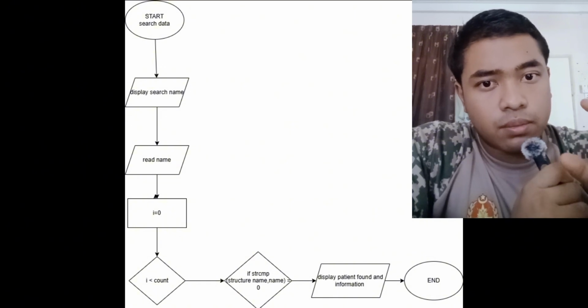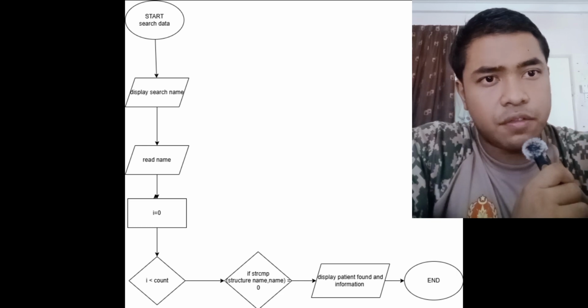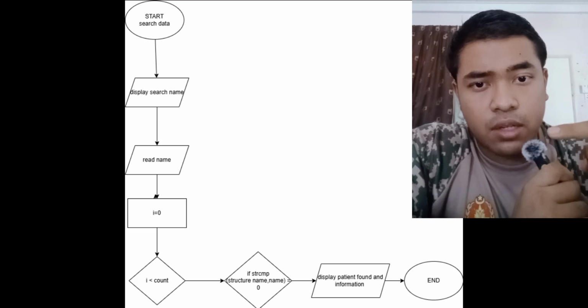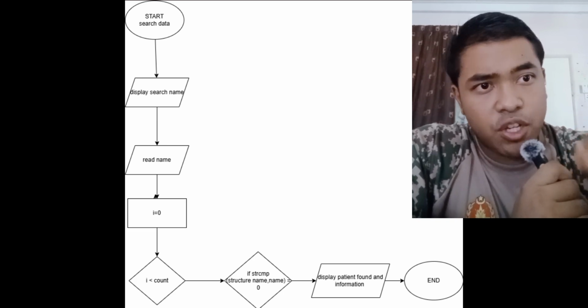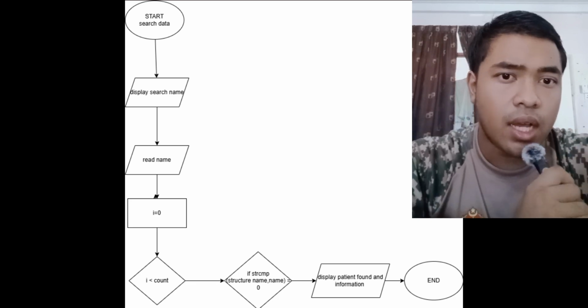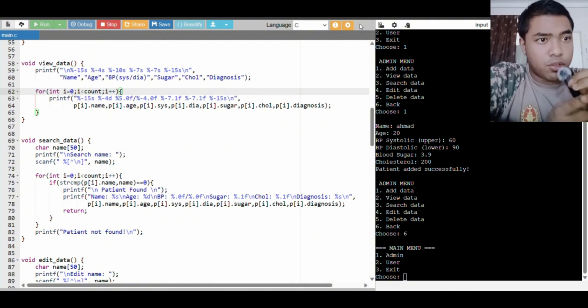All of it will be checked. If the string compare finds the exact same name as the one we typed, it will display patient found, and if not, it will display patient not found. That's it. Now we move on to the output.